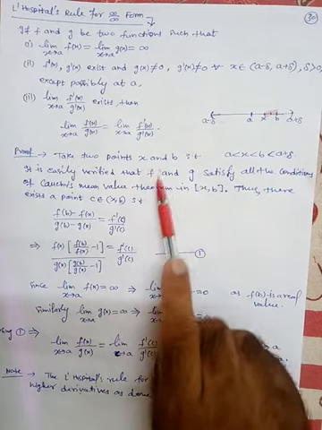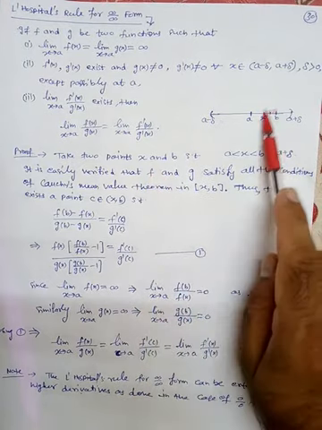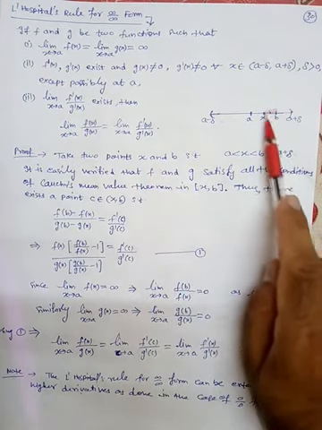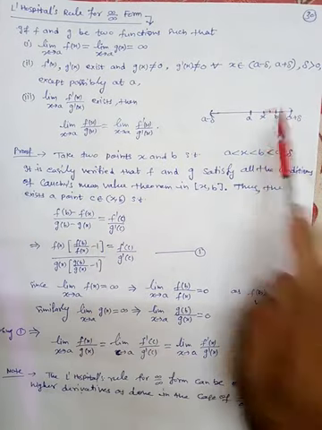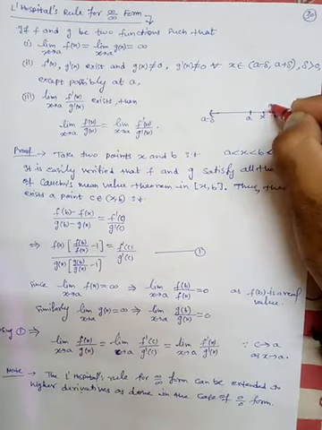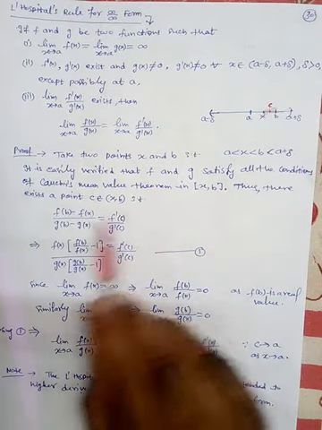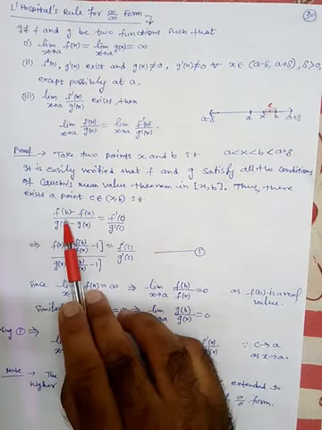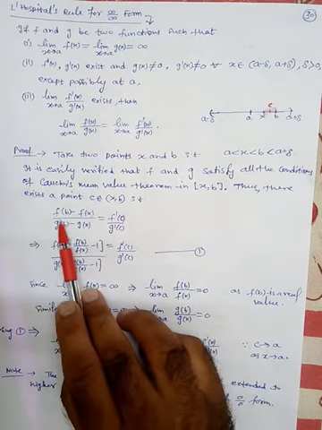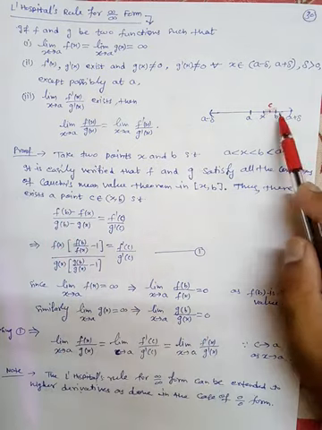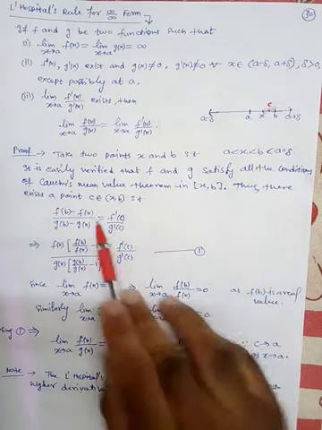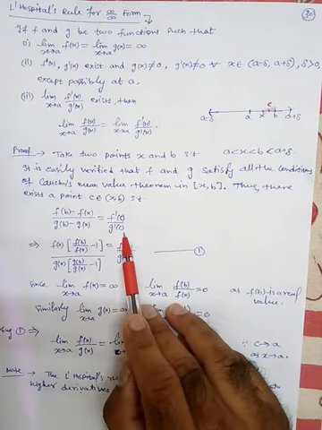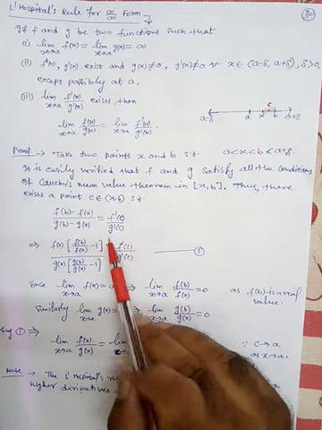Similarly for f, so both these functions satisfy all the conditions of Cauchy mean value theorem in this interval. Hence there exists a point c in this interval, such that f of b minus f of x divided by g of b minus g of x is equal to f dash c divided by g dash c.